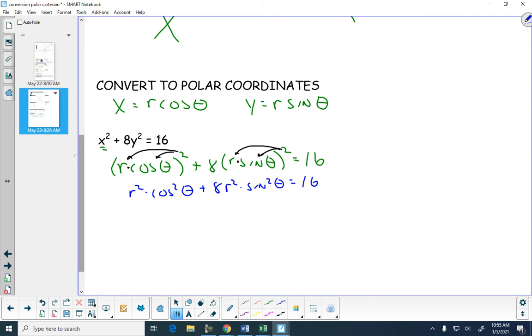When you're solving for polar coordinate equations, typically they are in the form of r squared equal to or r is equal to. It does not matter. So to get in this form, we had a common factor of r squared in both of these terms here. We can factor out the greatest common factor. So we have r squared times cosine squared of theta plus 8 sine squared of theta is equal to 16.